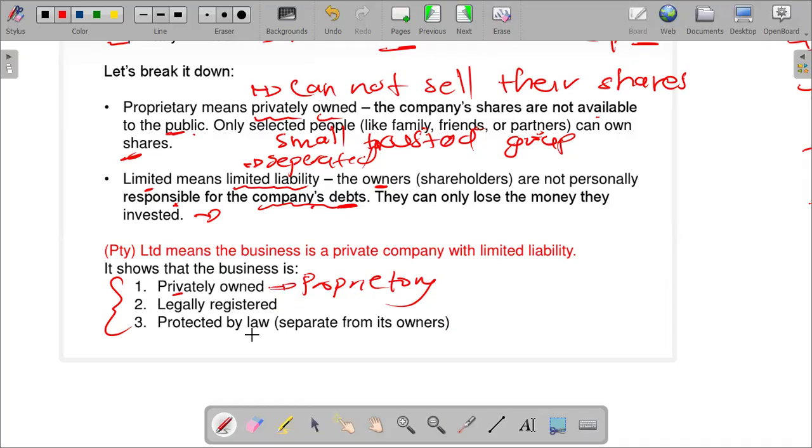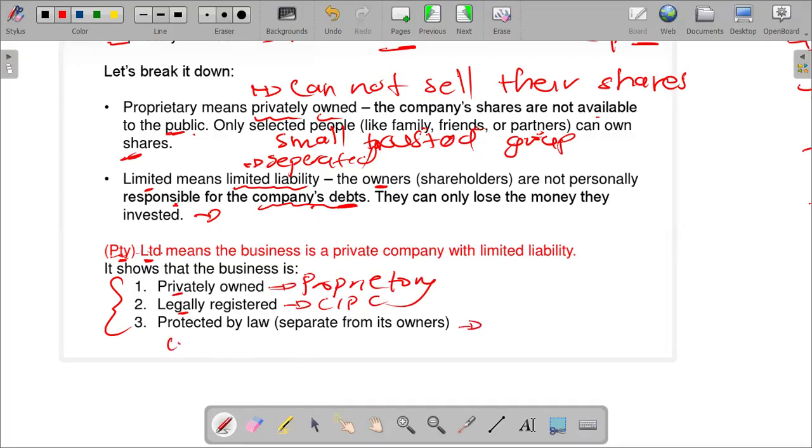Legally registered. Remember the CIPC. The CIPC will give them these two acronyms to show that this is a registered private company and it's protected by law and it's separate from its owner.